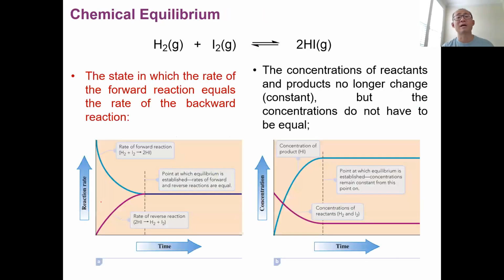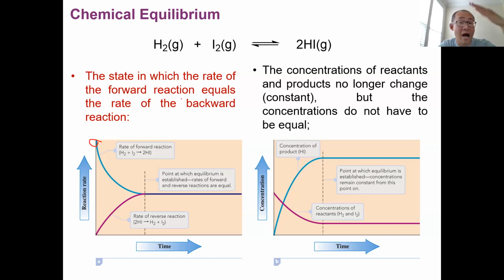Now, let's take a look at some features of a reversible reaction, or what happens when a reaction is reversible. The left side of the chart shows you the rate of the forward and reverse reaction. Rate means how fast each direction goes, right? In the beginning, we only have reactants, like hydrogen and iodine.